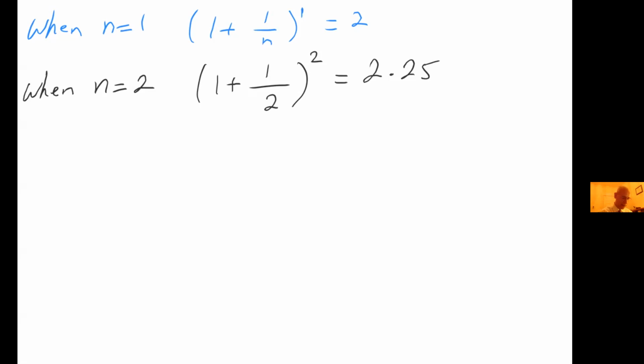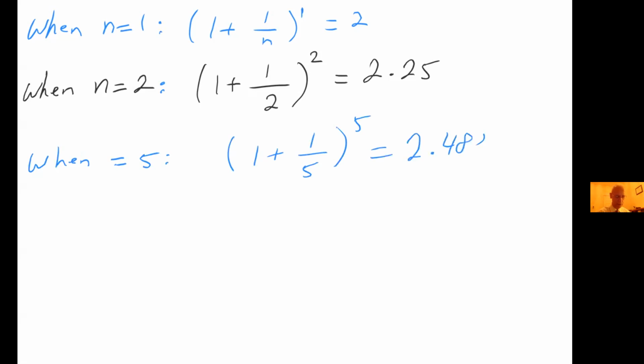When n, let's say, equals 5, then you're going to have 1 plus 1 over 5 to the power of 5. And my calculator gave me 2.48832, which is more than 2.25.